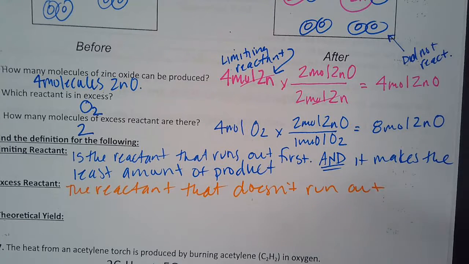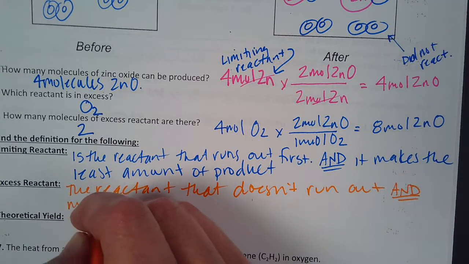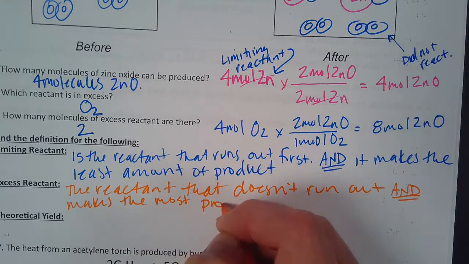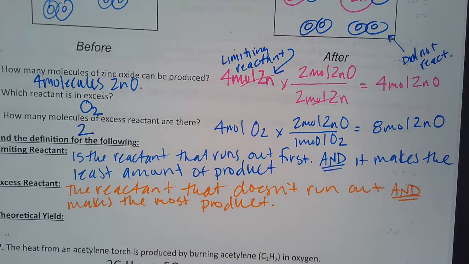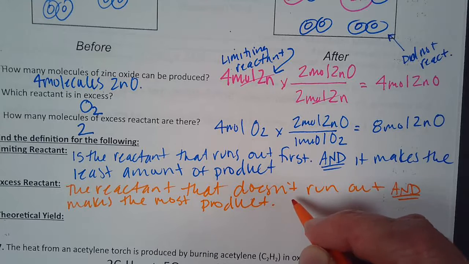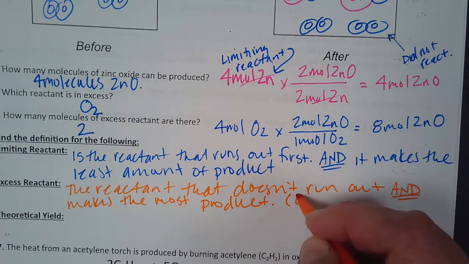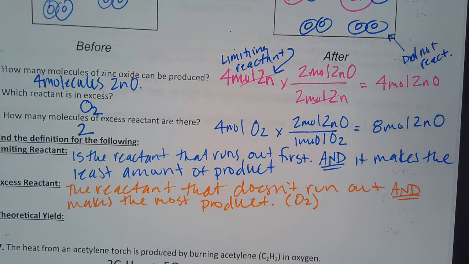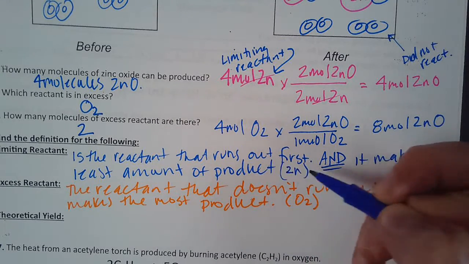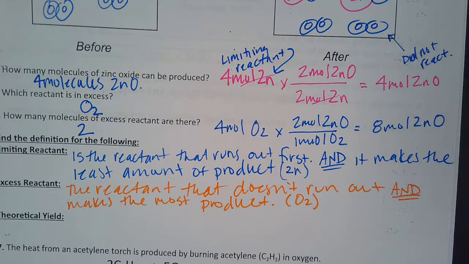Makes the most product. So in our case on here, the excess reactant was our O2, and our zinc was our limiting. I'll put those in parentheses.